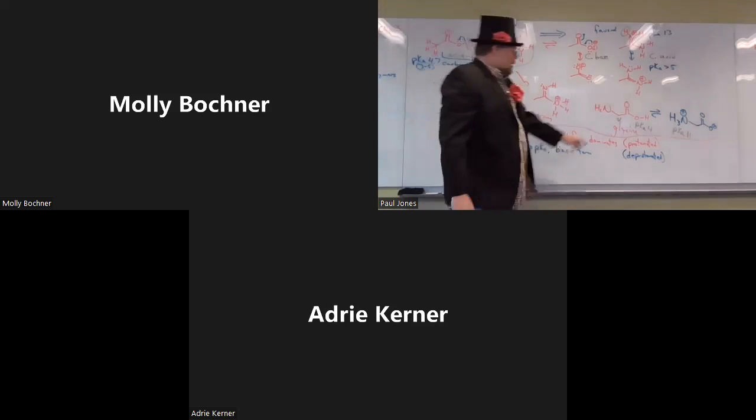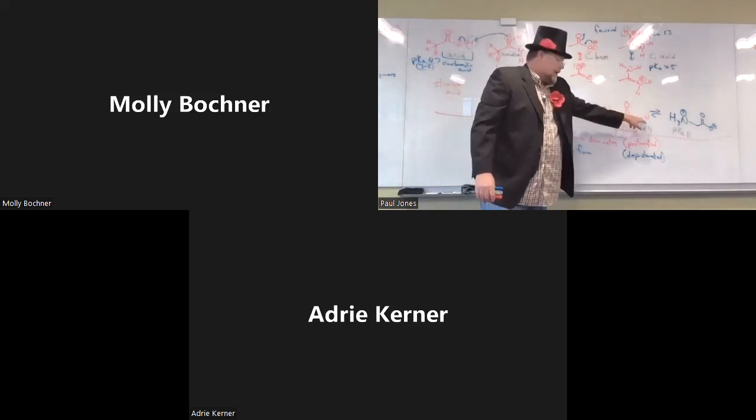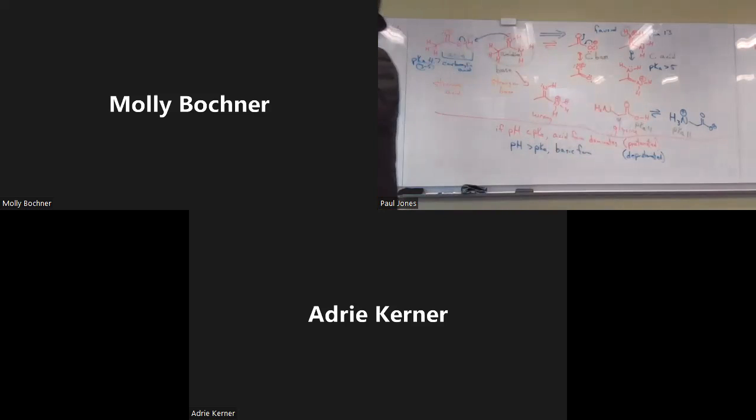So if you look at the carboxylic acid, pKa of 4, and the pH is 7, that's higher than the pKa, and so the carboxylate is going to be deprotonated. Again, this falls out of the Henderson-Hasselbalch equation. Memorizing this is well worth doing if you're going to work in any kind of biochemical setting.